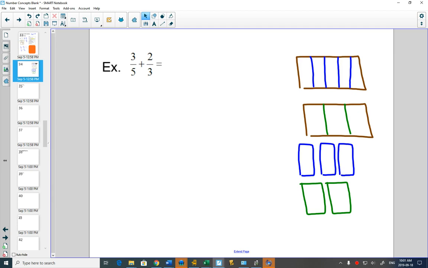And we have to try to imagine if we put those all together back into this chocolate bar, 3 of this piece and 2 of this piece. Looks like we have more than a full chocolate bar. But what that number is exactly, I think I have 1 chocolate bar and a bit more. How much is that bit more? How much would it be exactly?